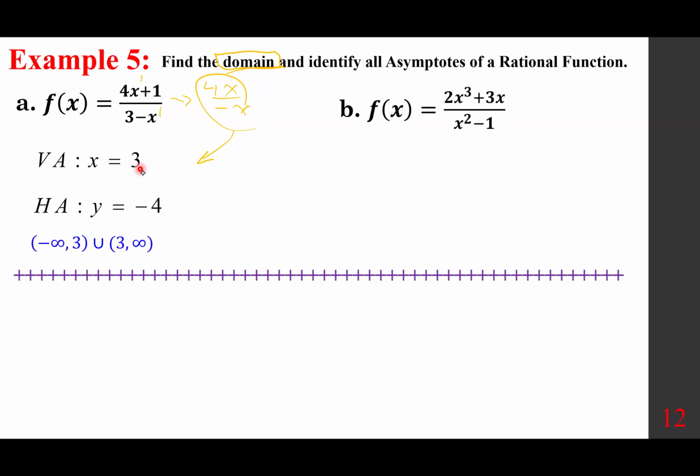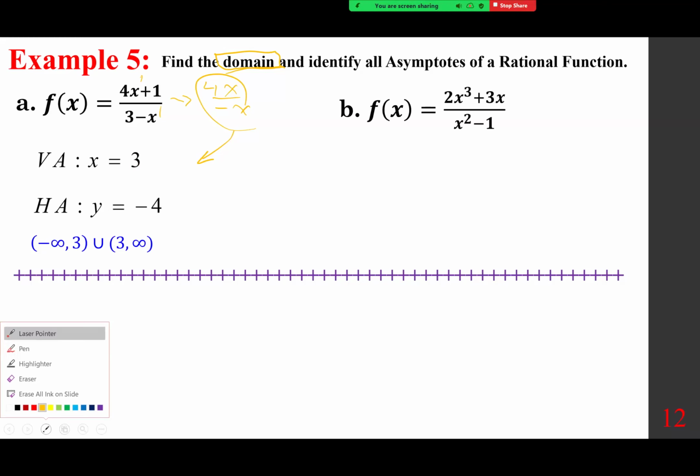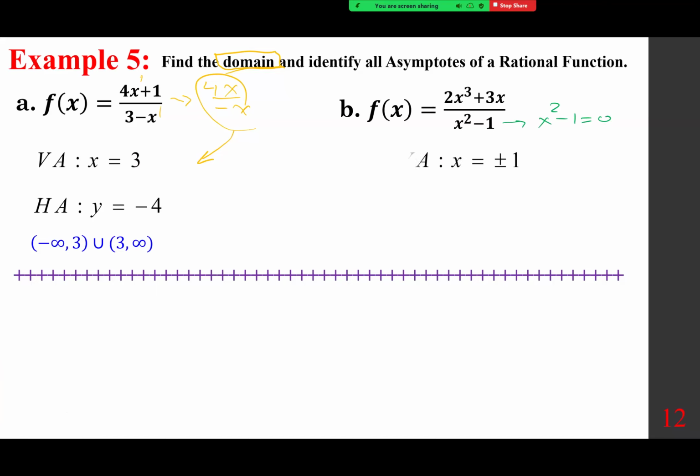Let's look at this one. Vertical asymptote: x is plus minus 1. Horizontal asymptote, we don't have any. The degree of the numerator is 3, the degree of the denominator is 2.